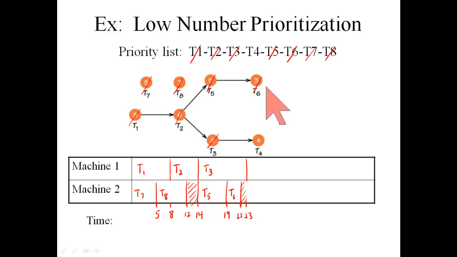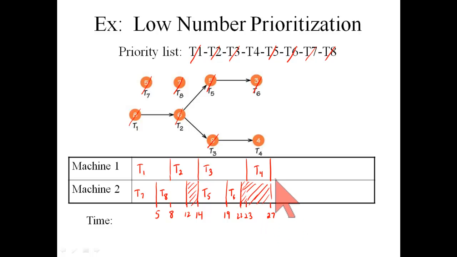Task 4 is all that's left. It is now ready to be done, and so machine 1 starts working on task 4. It's a 4-minute job. If it starts at time 23, it'll finish at time 27. And during that time, machine number 2 has nothing to do, so there will be idle time here.